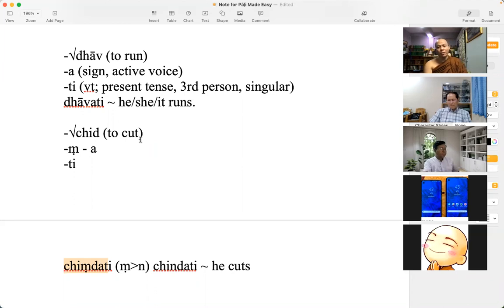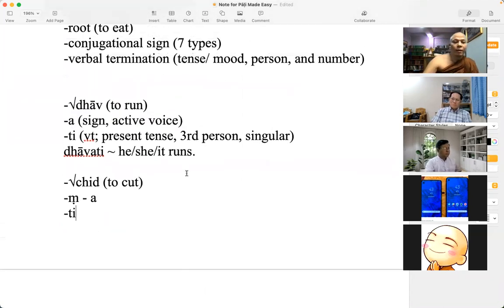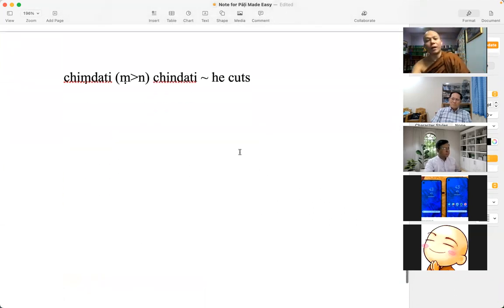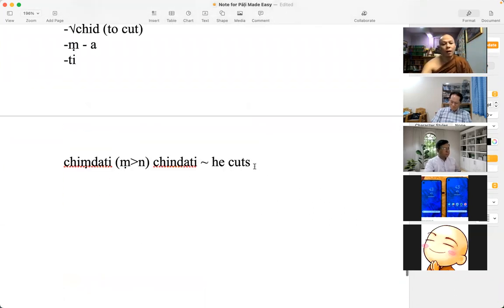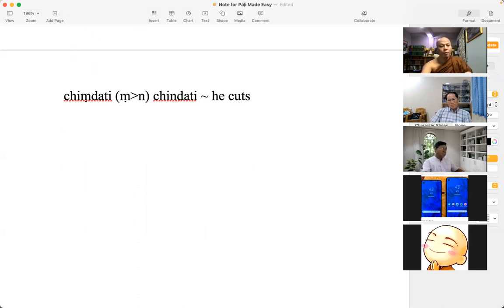No, impossible. Okay, so now the shortcut or the easy way to understand how to form a verb and how to conjugate that verb, the whole present tense. Okay, so now first step.